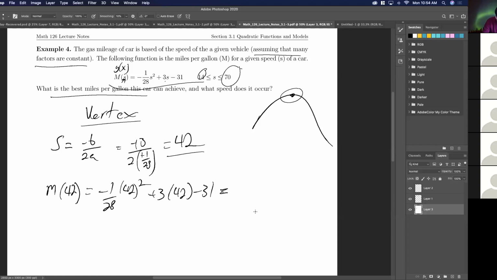If I was going to do this without a calculator, I'd split 42 into 14 and 3, then square 3, square 14, and cancel off the 14. Just put it in a calculator, you're going to get 32, right? So you're going to get 32 miles per gallon is the best this car achieves.